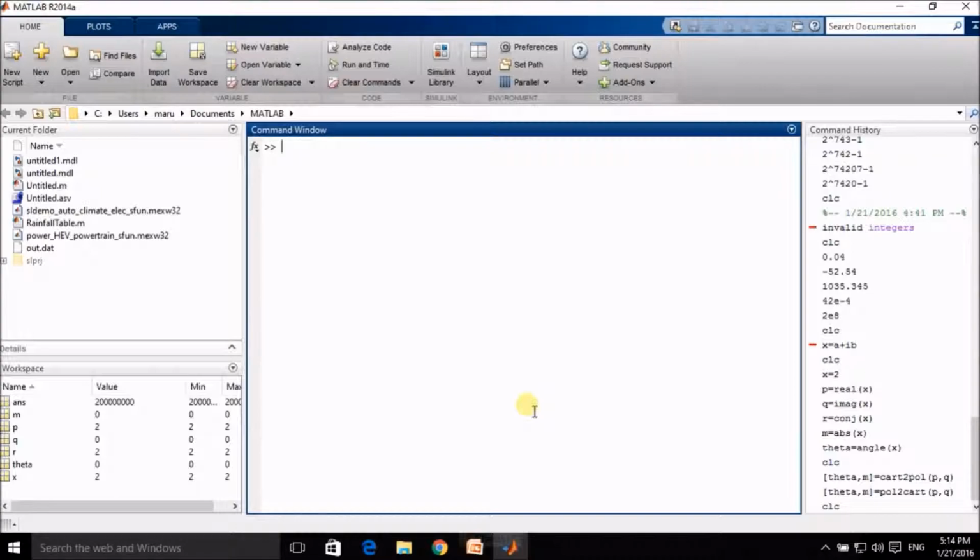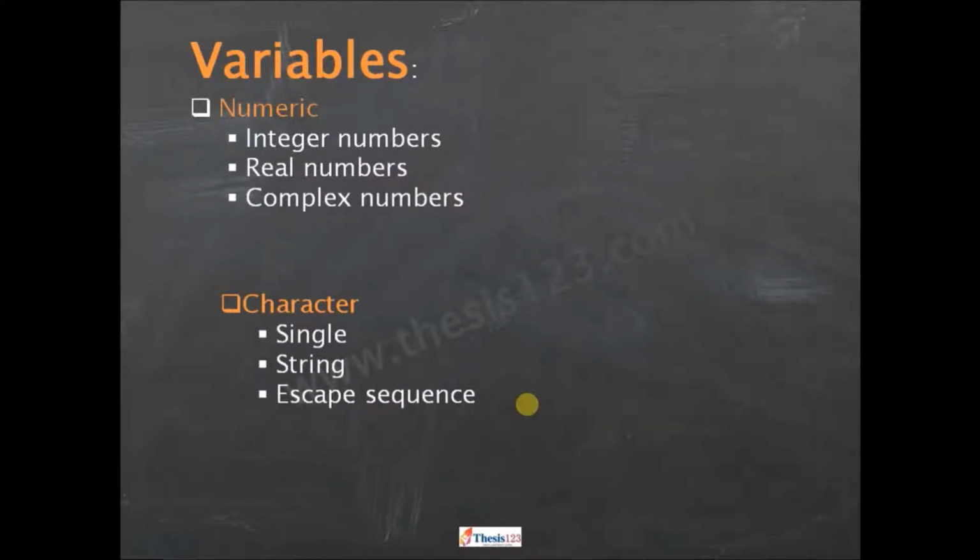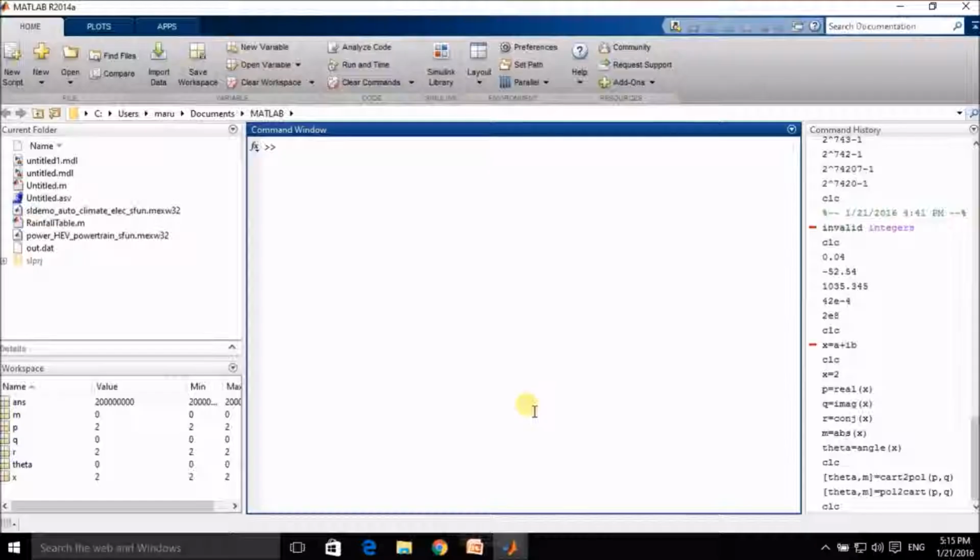Now we will see the character variables: single, string and escape sequence. These are the character variables we will see within the Matlab software. Single character variables are nothing but a, b, c and d, all these letters, which are singles. String variables are, for example, the simplest example, PLD or good luck.